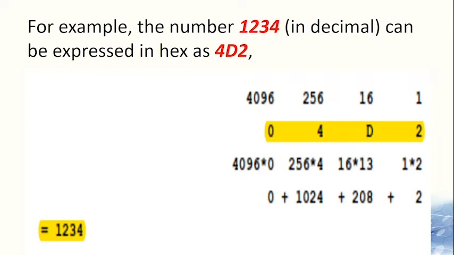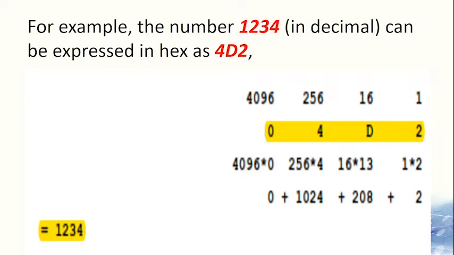So how do we do that? In this notation, the letters A through F are used to express numbers larger than 9, which require two digits of decimal to express.